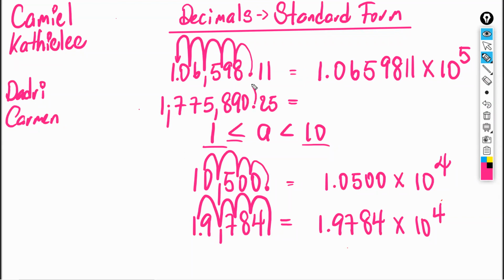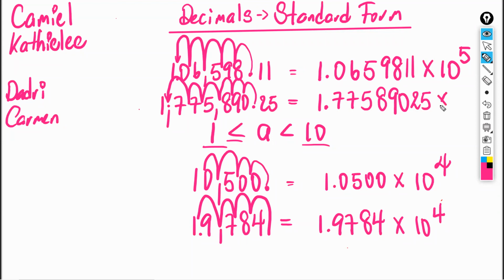So it's 1, 2, 3, 4, 5, 6, and we're going to get 1.77589025 times 10 to the 6. Let's do it one more time: 1, 2, 3, 4, 5, 6. 10 to the 6.